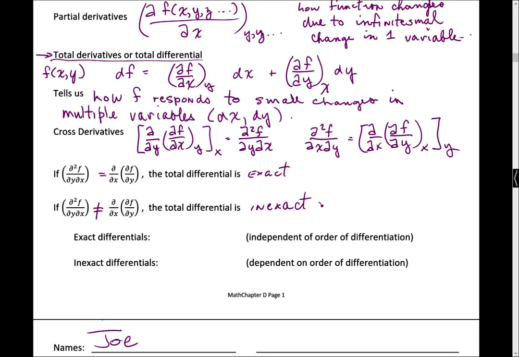Okay? All right, so connecting that with our differentials, right? In this case, we don't care about the order of the differentiation. No matter how I do it, it's the same. Here, the way that I do it has an impact. I get a different result. So which one of these, exact or inexact, is going to correlate with a state function? Exact, right?